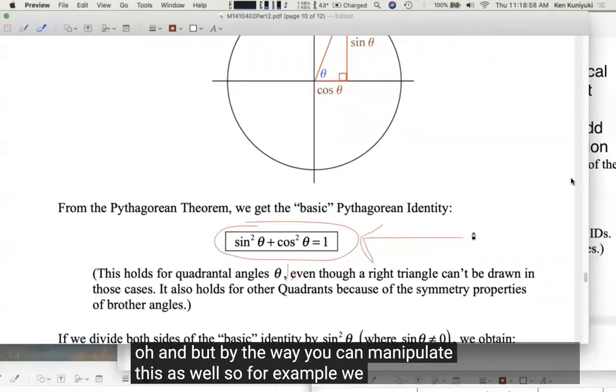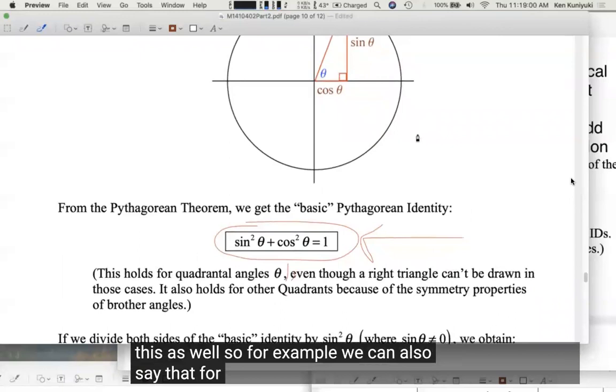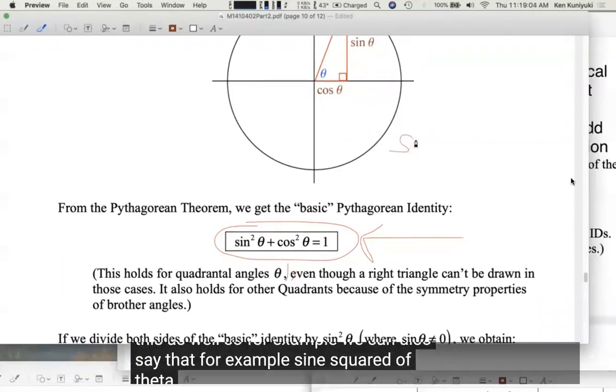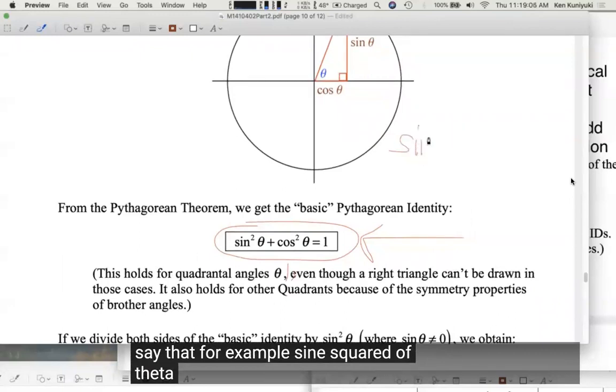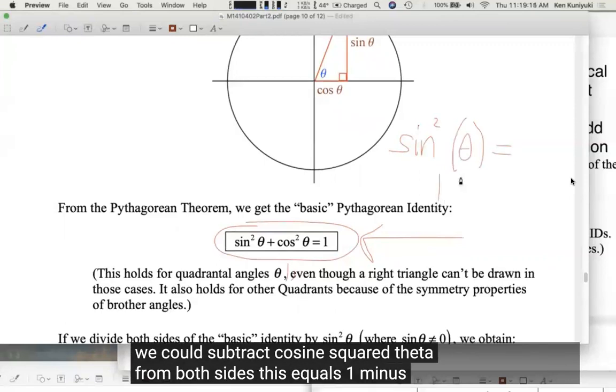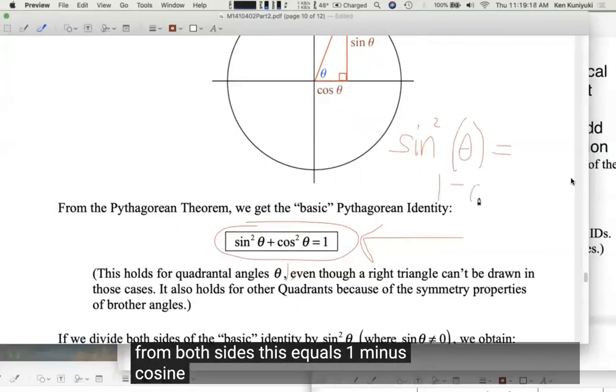So, for example, sine squared of theta is equal to, we can subtract cosine squared theta from both sides, 1 minus cosine squared of theta.